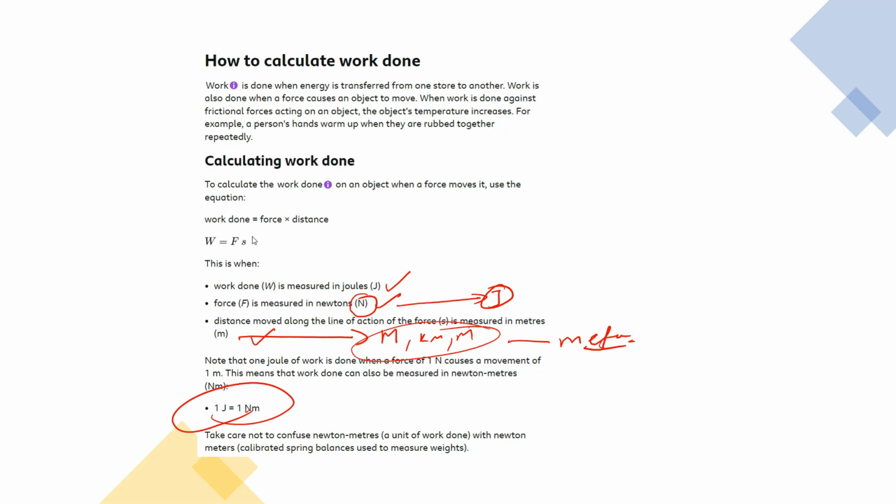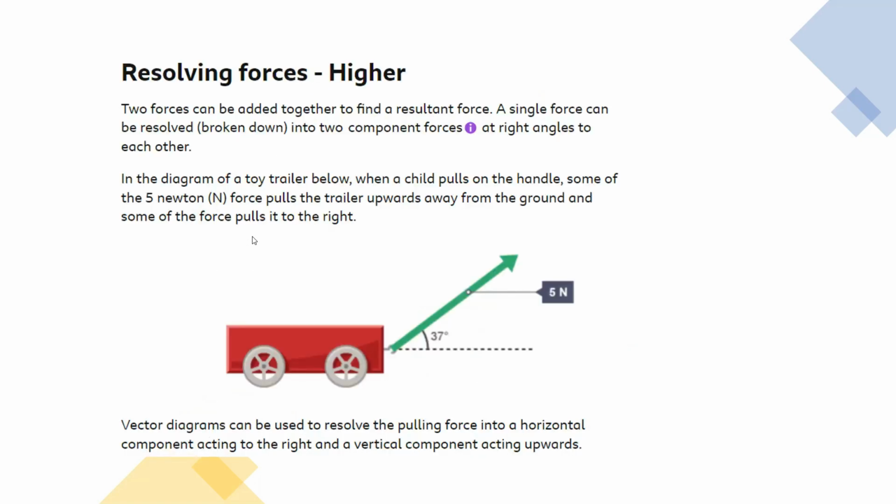It means 1 joule of energy is applied on an object by a force of 1 Newton and moves it by a distance of a meter, and that is called work done.